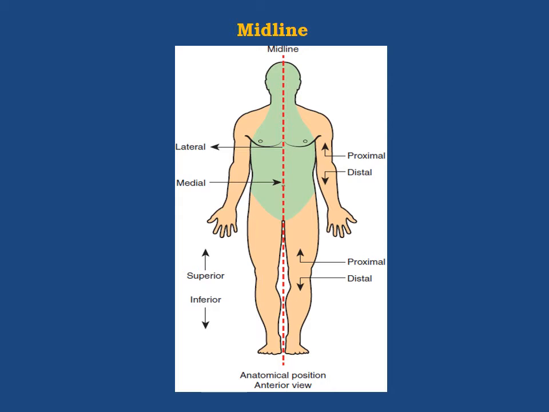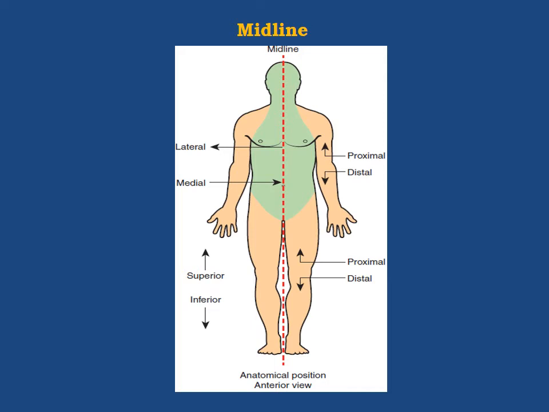All right. So here we gave an example of the finger and the elbow. Look at the legs here. We can give another example regarding the distance from the point of attachment. If I'm talking about the knee and the ankle, which is proximal in this case?